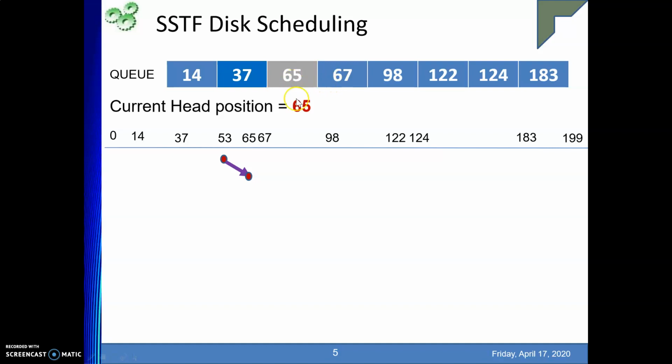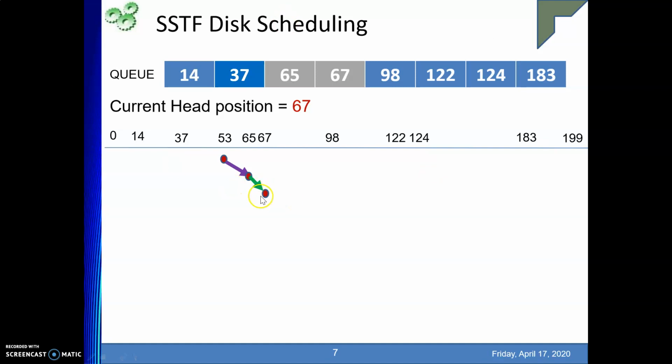From 65, we find the left and right neighbor. Left neighbor is 37, right neighbor is 67. So 65 minus 37 is 28 and 67 minus 65 is 2. The obvious answer is you will be moving to 67. So we move to 67.